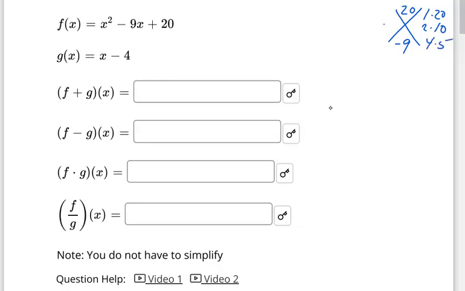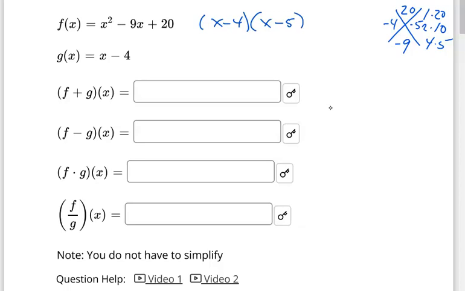Oh, if I use a minus 4 and a minus 5, then they add to negative 9 and multiplied together give me positive 20. So I know that that's x minus 4 times x minus 5. That is going to help me down here.